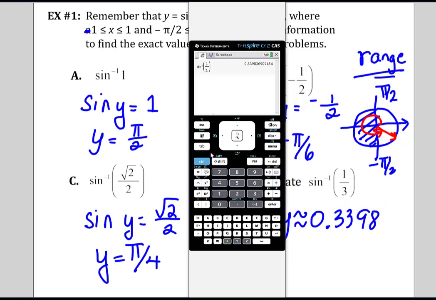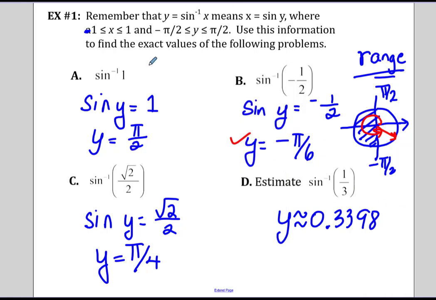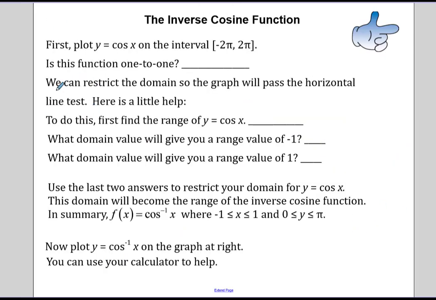And let's see if it'll give us the exact answer here. Sine inverse of 1/3. And you can see it does not give the exact answer there. Okay, moving on.